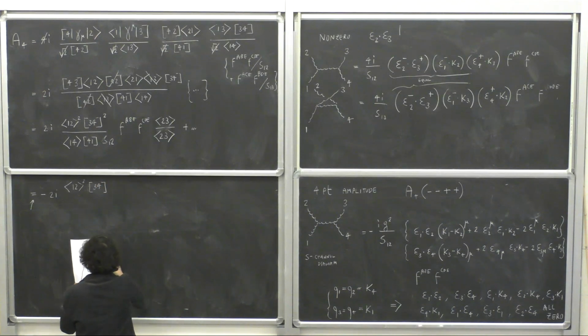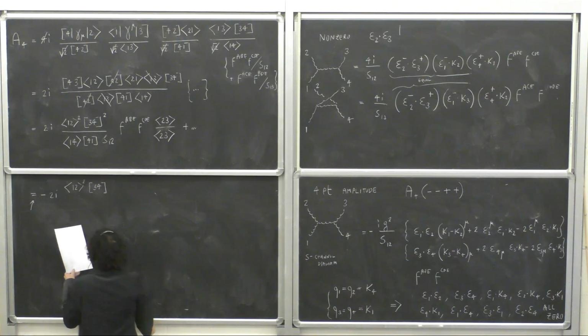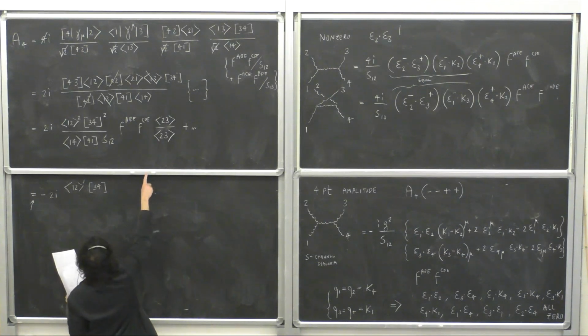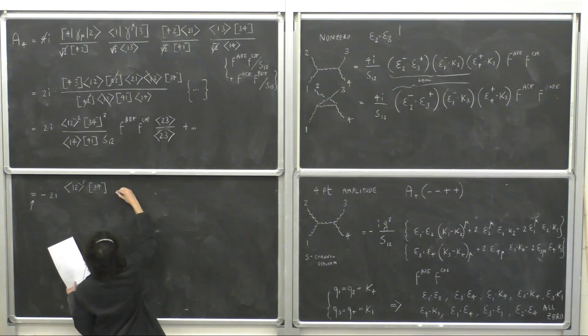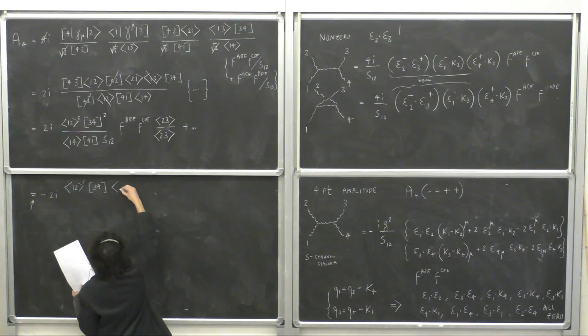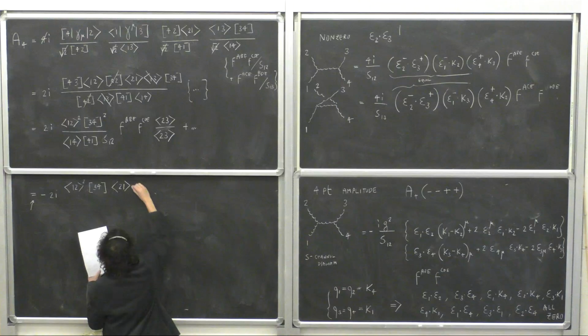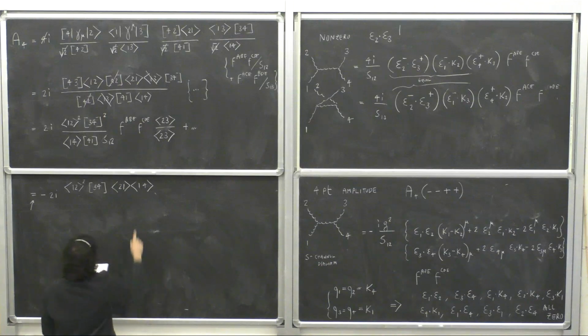And then I use ⟨3 4⟩ to ⟨3 3 4⟩, writing this as momentum conservation and as ⟨2 1⟩, ⟨2 3⟩, ⟨3 4⟩, ⟨1 4⟩. Sorry, whoops.